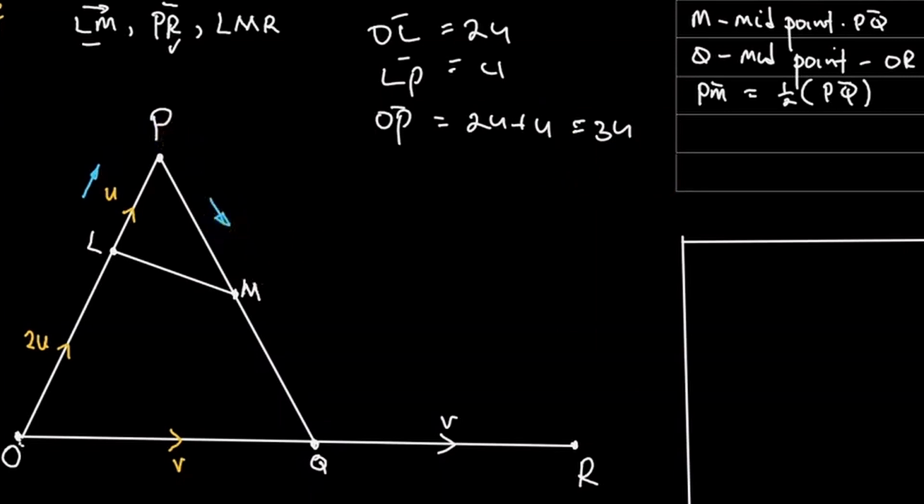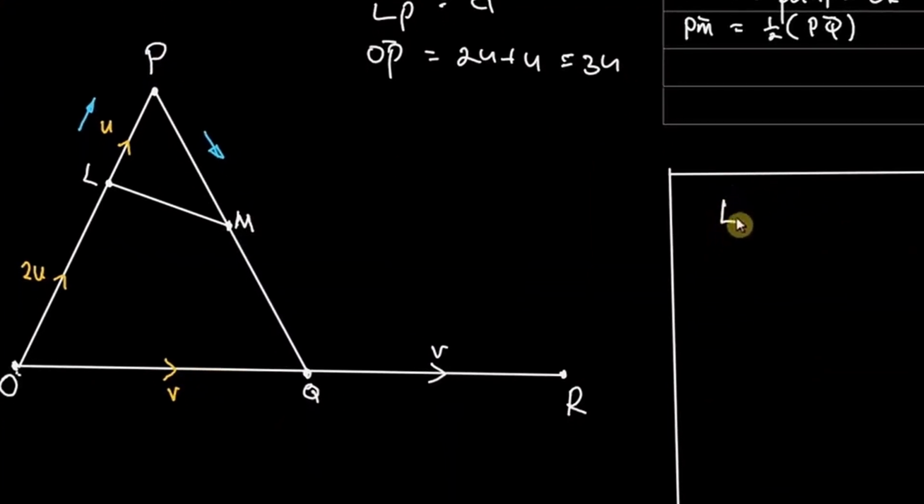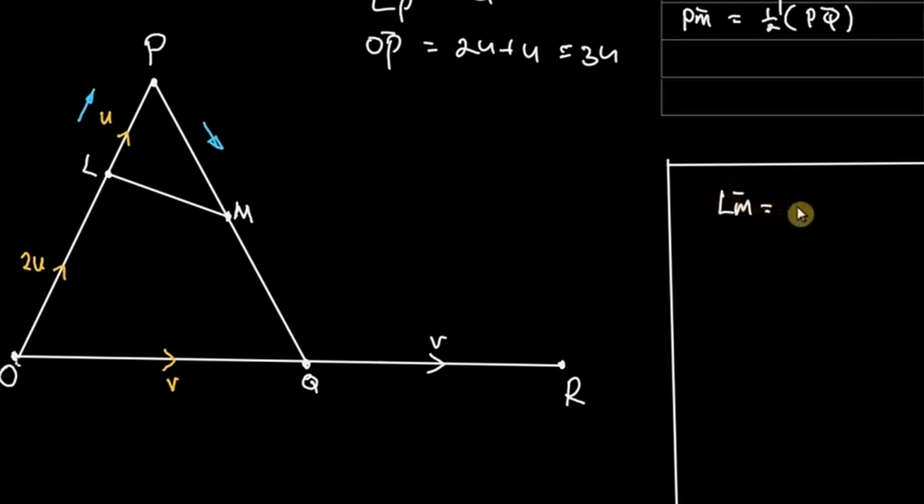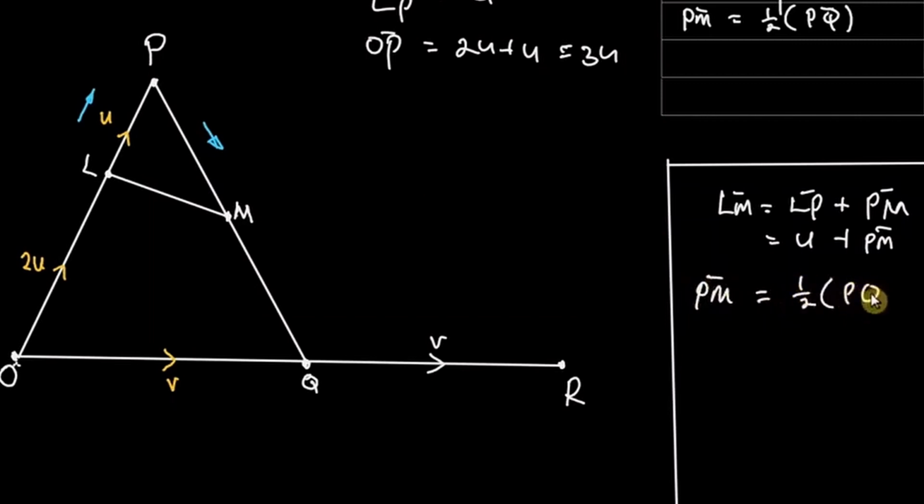So we can write that the vector L to M is equal to L to P plus P to M. Now we already know that the vector L to P is equal to u, so we could stick that in, plus PM. So we wish to find the vector PM, so let's write P to M.